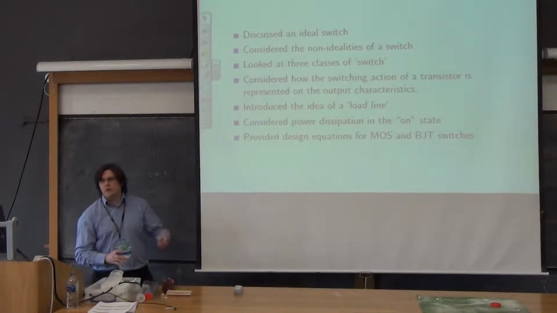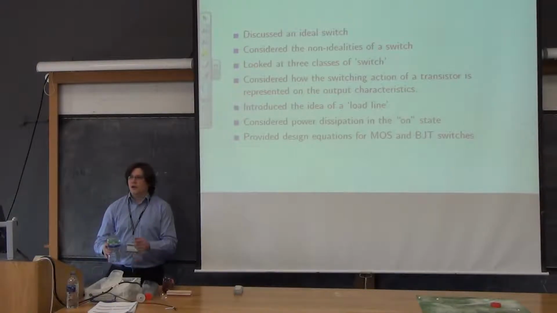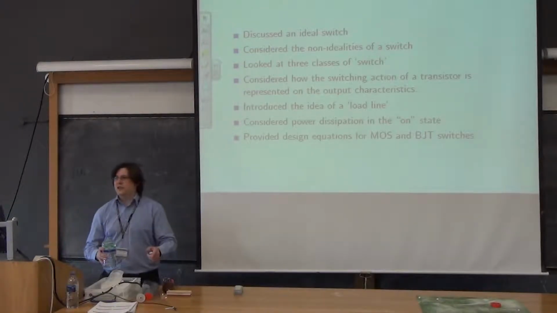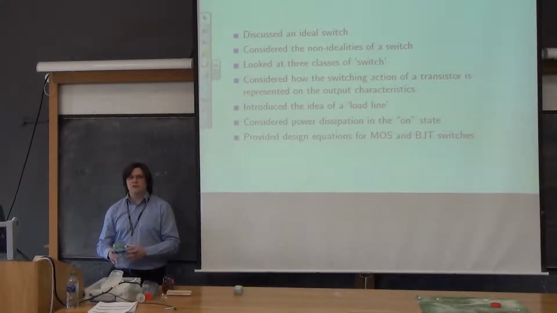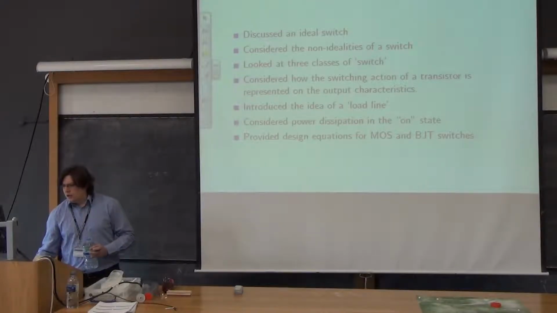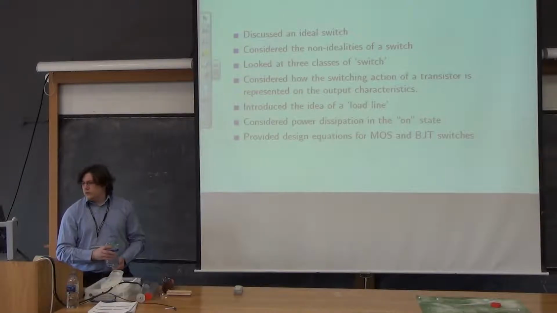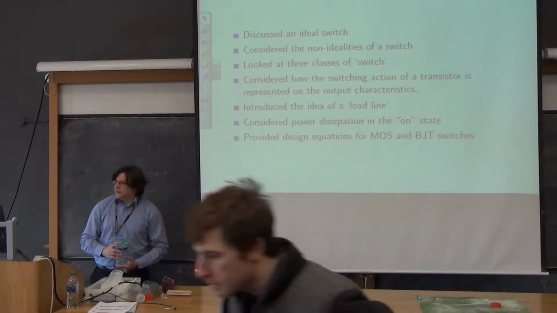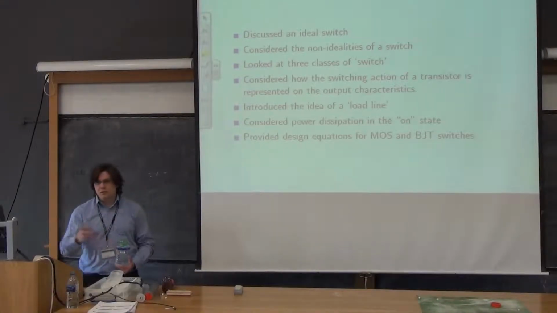That's to say, we drew a load line, we said, oh, there's 3 points, A, B and C, and it wants to spend a long time at A and a long time at C, but actually it can't get to A because the characteristics are curly, and that's what leads to the on-state power loss and the saturation voltage. And we did that through the idea of a load line. And we considered the on-state power dissipation, and I gave you some design equations for a MOS and a bipolar transistor. Some notes are behind you.